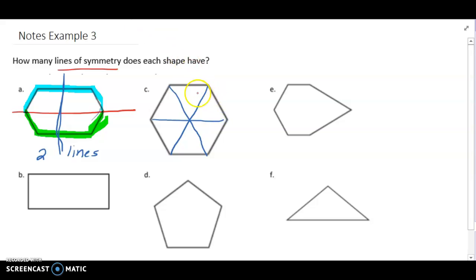Also, though, if I were to go from center to center, okay, that would map this right here onto this. Okay, so that'd be the 4th line of symmetry, but not just the middle center. I could do it for this center and this center as well. So that would be a total of 6 lines.